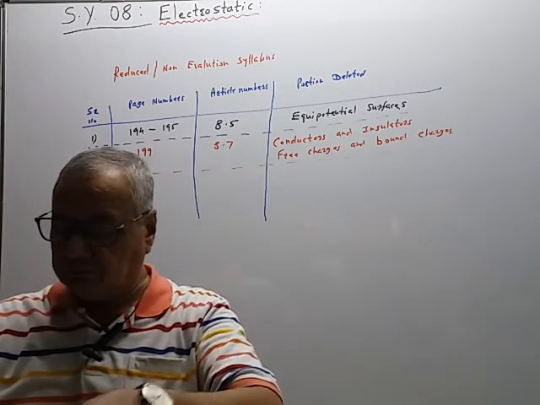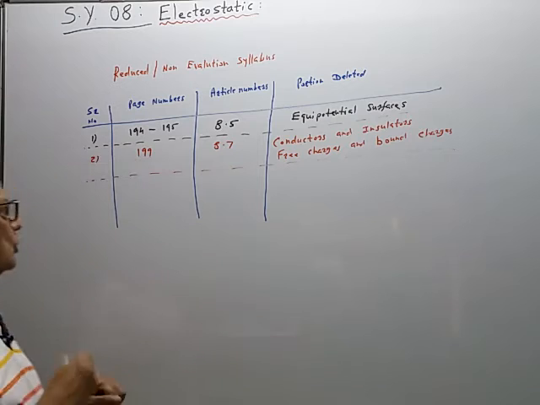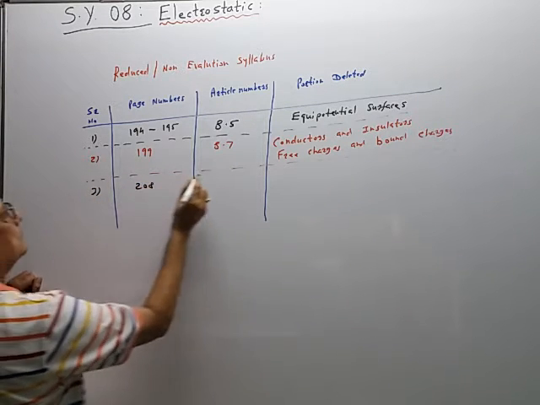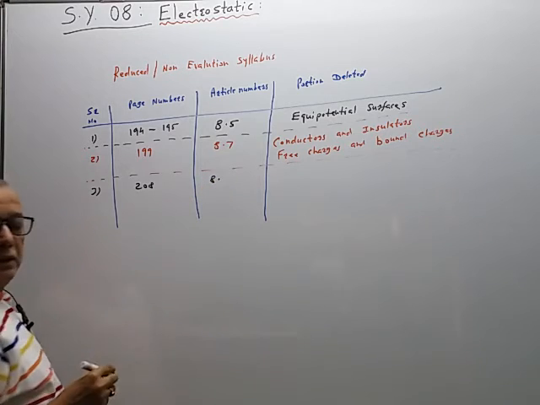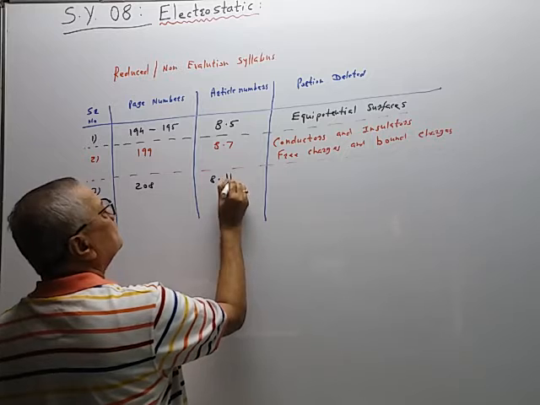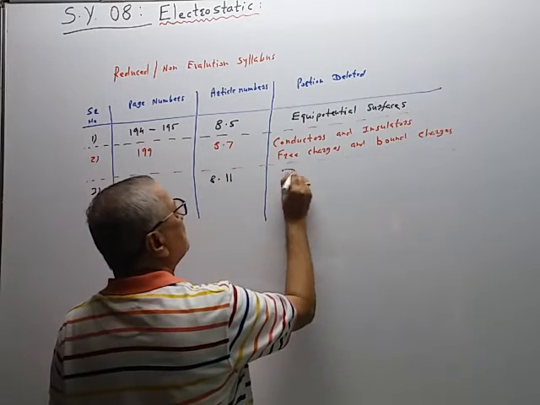Third, 208, article 8.11: displacement current.